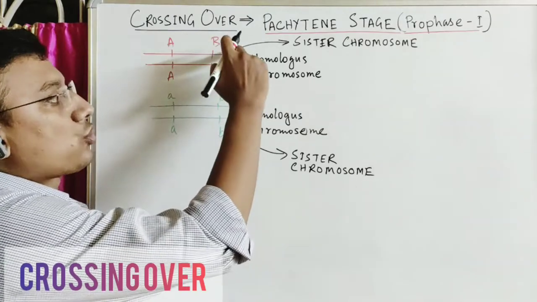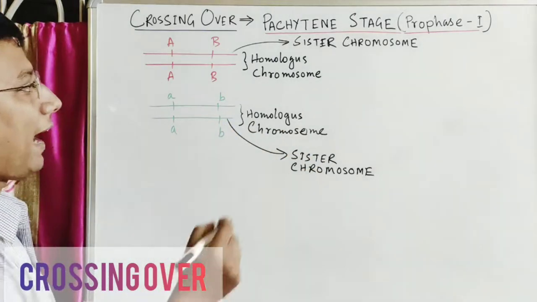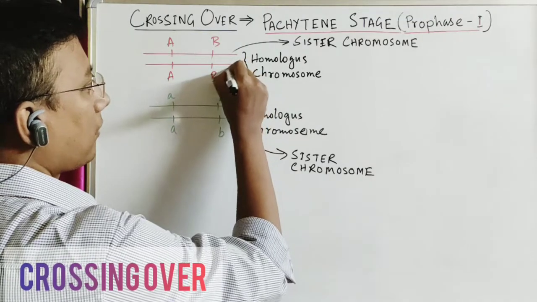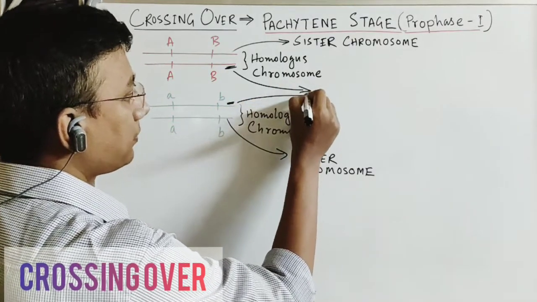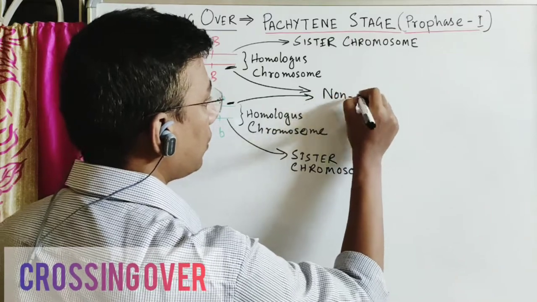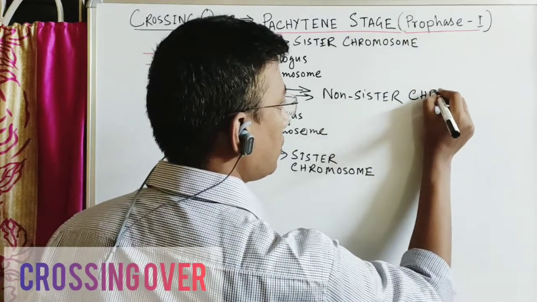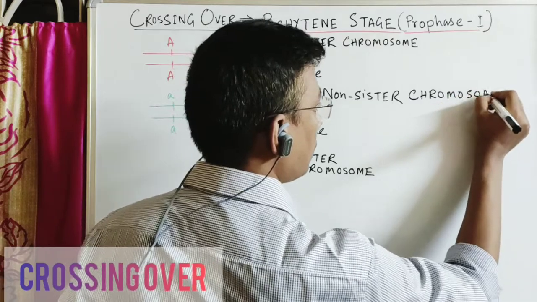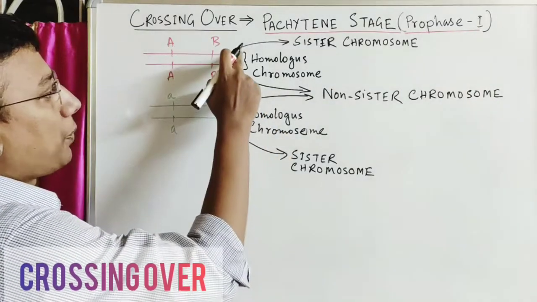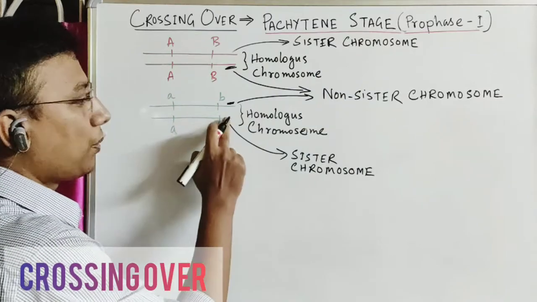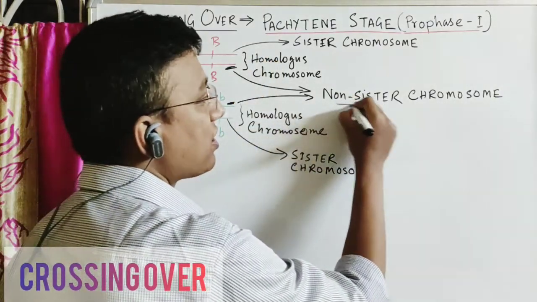So this chromosome and this chromosome are called sister chromosomes or sister chromatids, and this chromosome and this chromosome are known as non-sister chromosomes or non-sister chromatids.